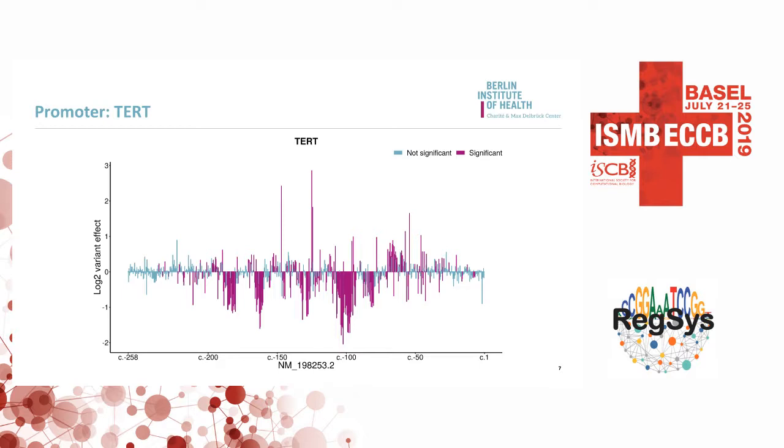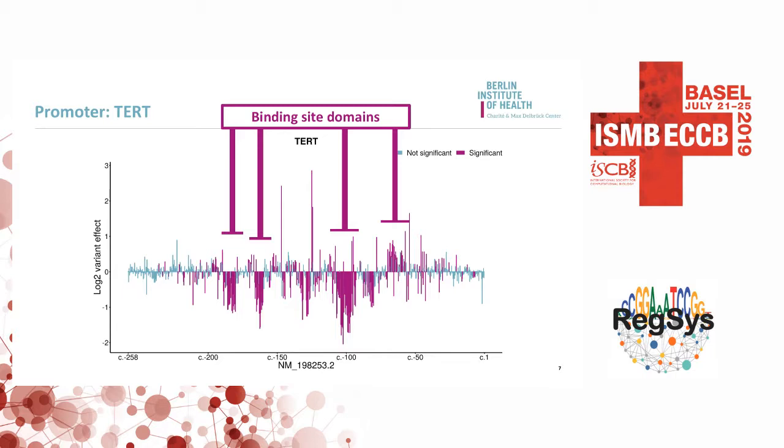On the x-axis we have all the possible variants, from the transcription start, which is somewhere here, going in the 5' direction. On the y-axis we have the log2 variant effect. Positive means a variant with an activating effect, negative means a repressive effect of this variant, and 0 is basically our wild-type activity, the reference sequence.